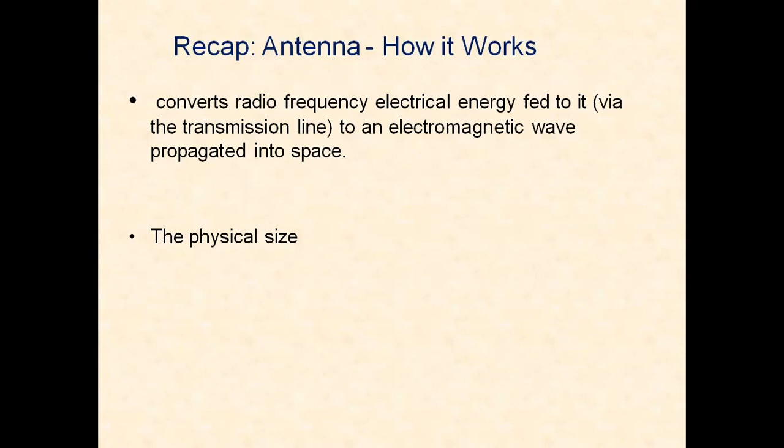So antenna converts radio frequency electrical energy fed to it via the transmission line into an electromagnetic wave propagated into the space. An antenna is a structure that is capable of radiating or receiving electromagnetic waves.